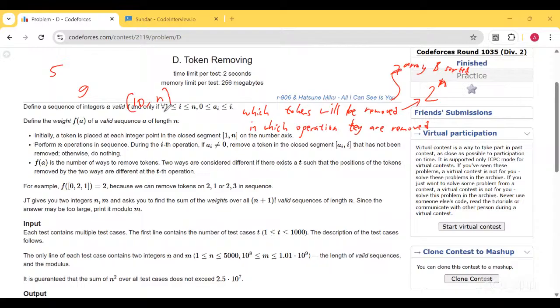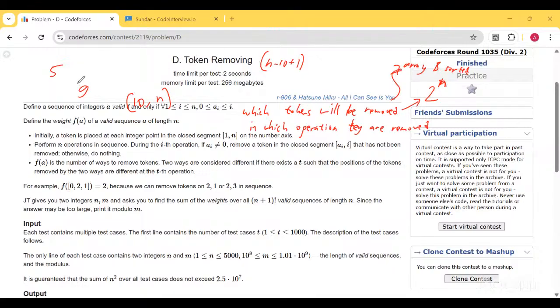Is it correct? Before operation 10, it cannot be removed. You got it? Okay, so it means there are n minus 10 plus 1 possibilities, right?